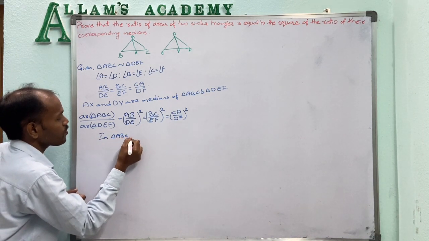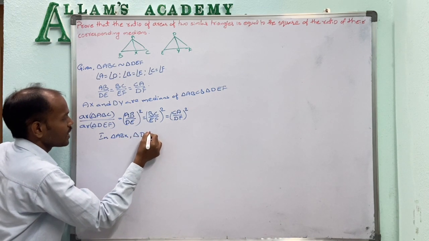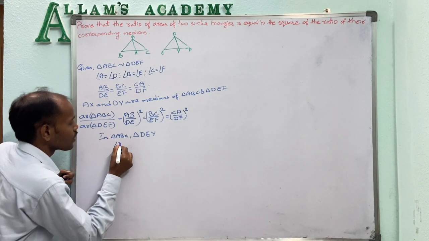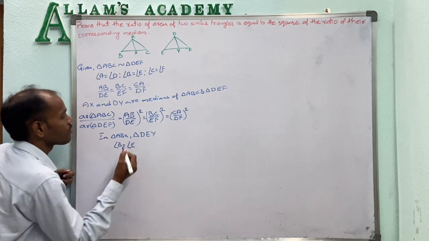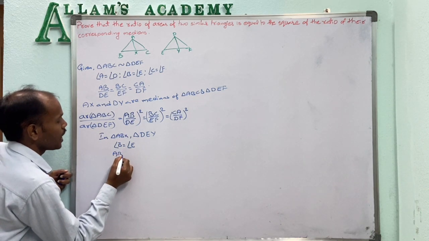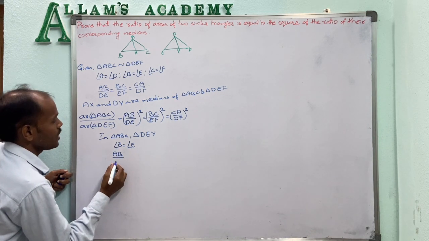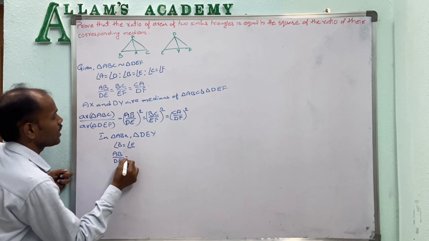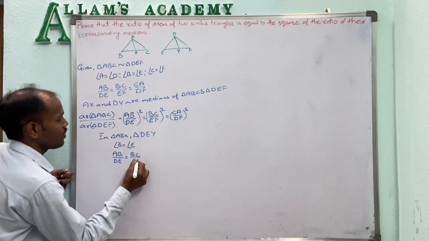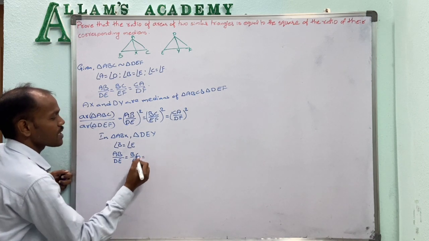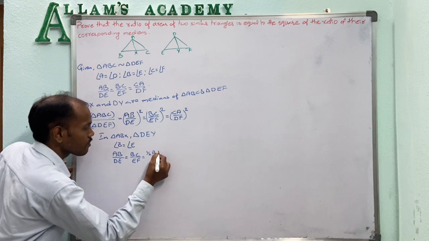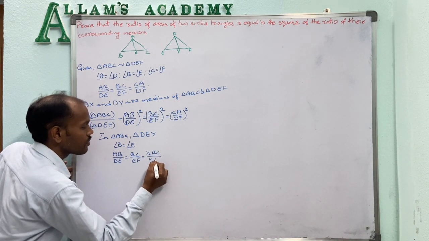Now we observe triangle ABX and triangle DEY. In these two triangles, angle B equals angle E and AB by DE equals BC by EF. Now in place of BC by EF, we write half of BC by half of EF.